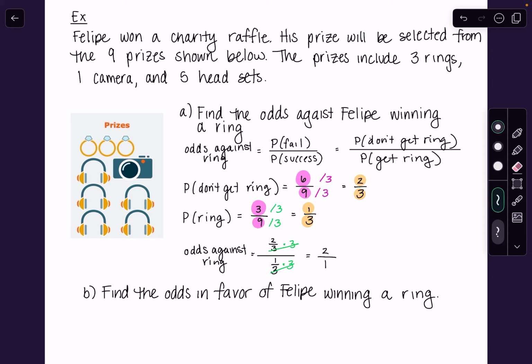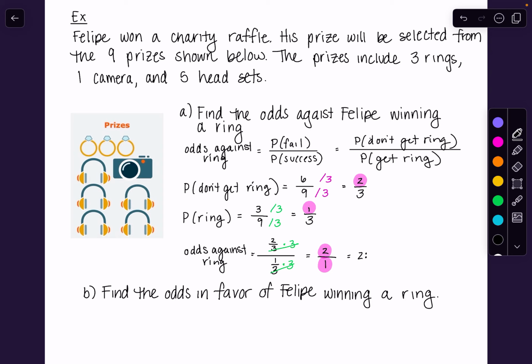So again, all that really left us with, just go and try to get rid of these highlights to show you, the denominator did not matter at all. All we were left with is 2/1. So our odds against winning a ring are 2-1. So you can write it as this fraction.